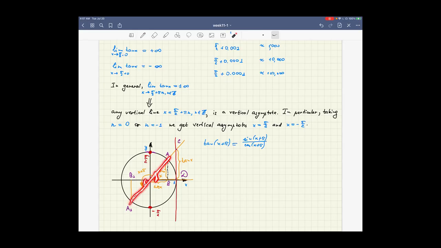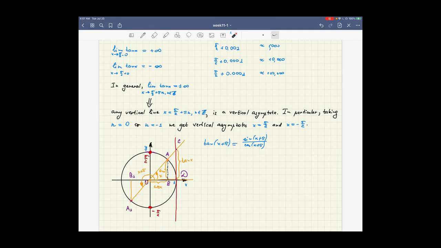These angles are equal. Both are right triangles with equal hypotenuses. Hypotenuses are both 1. So these triangles are equal. This distance, therefore, is the same as this distance. And this distance is the same as this distance. Therefore, the coordinates of this point are negatives of the coordinates of point A.